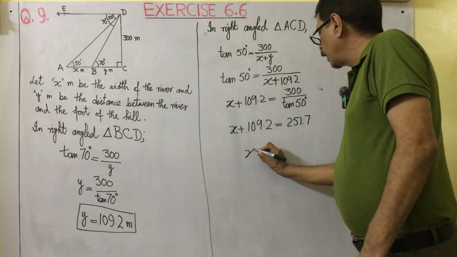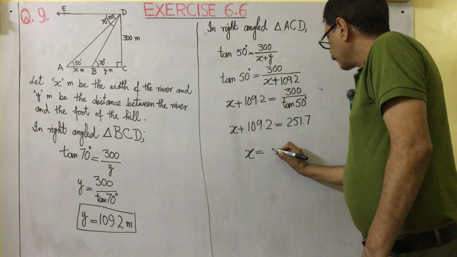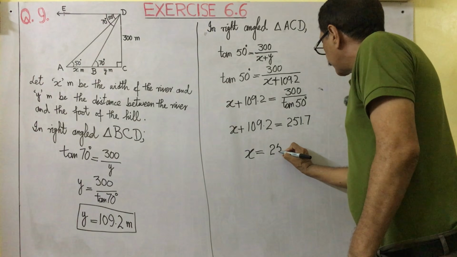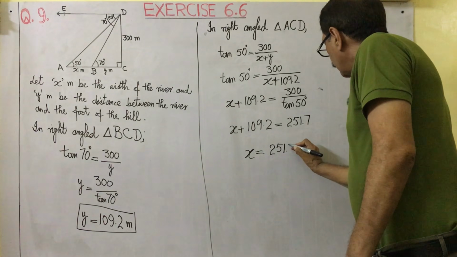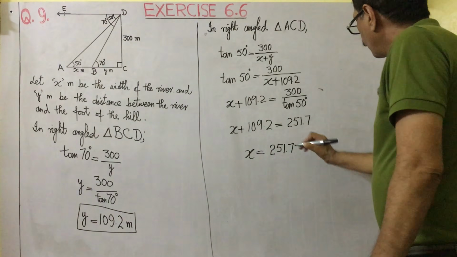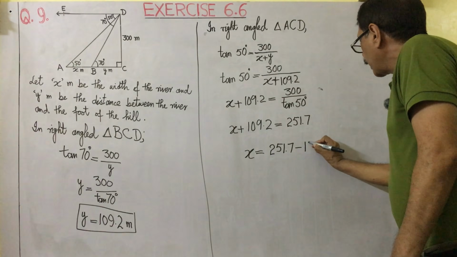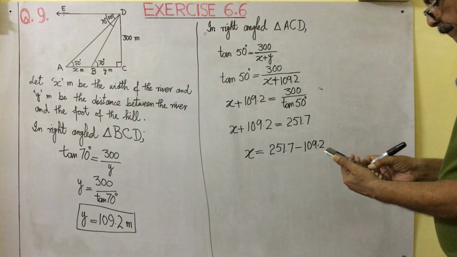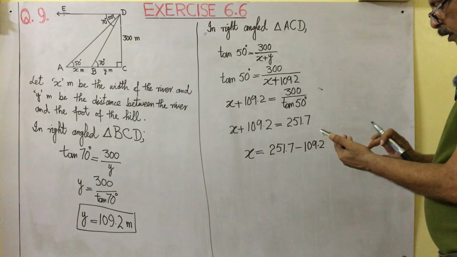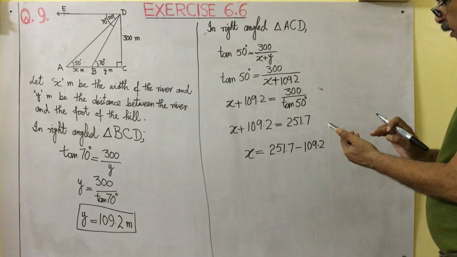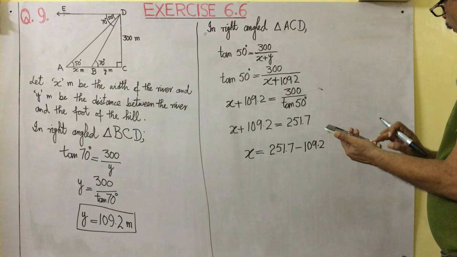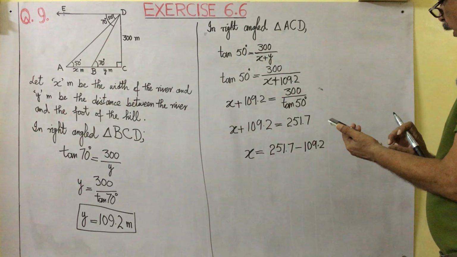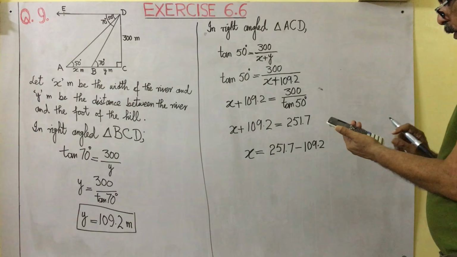Therefore, x is equal to 251.7 minus 109.2.